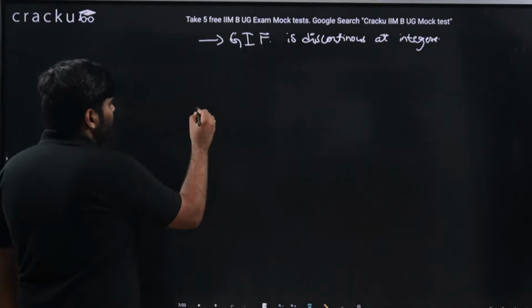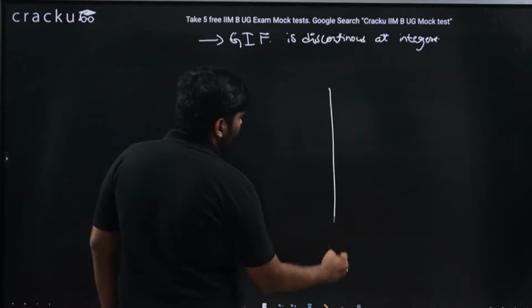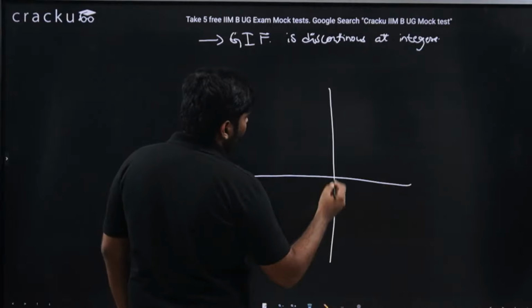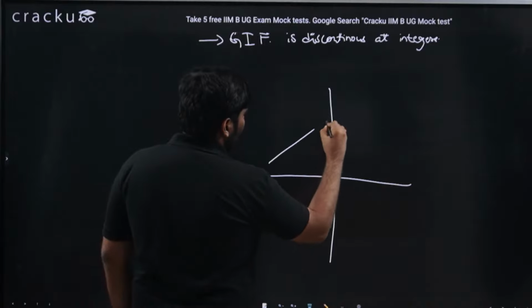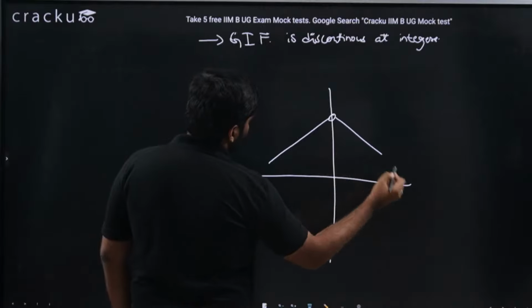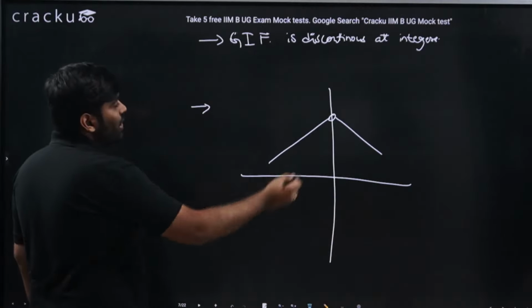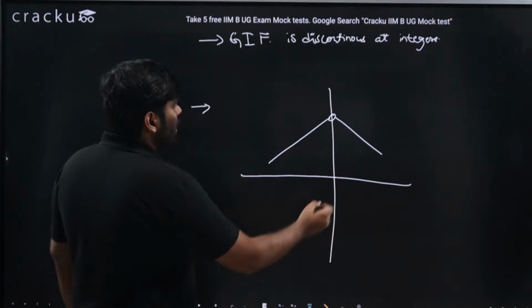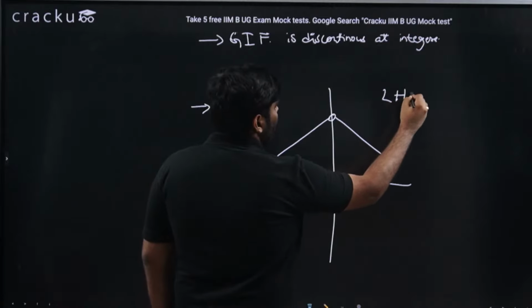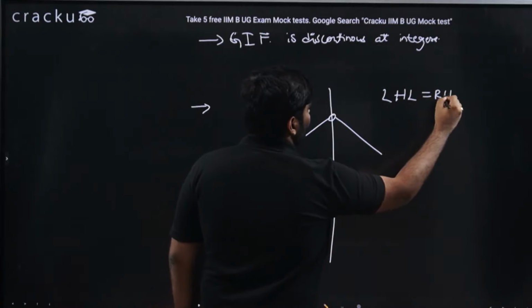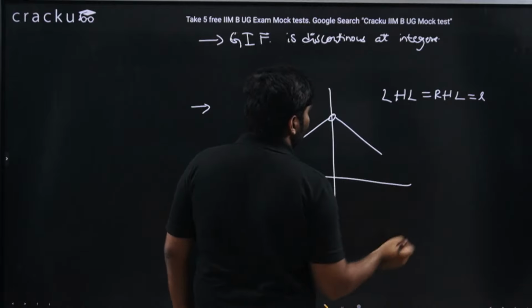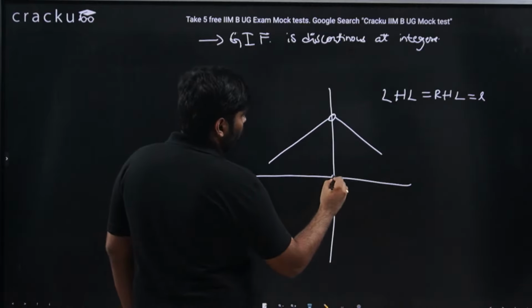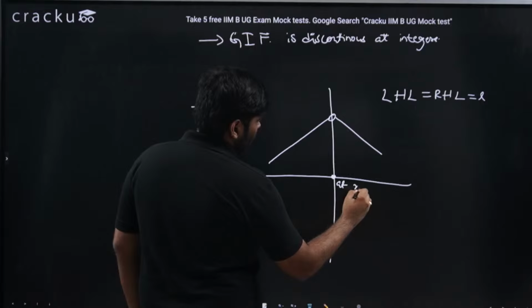So one more case which I wanted to cover is that when I talk about continuity in terms of limits, we have seen this graph, right? We told that the left hand limit and right hand limit are equal here, and I told that value to be L at x equal to 0.